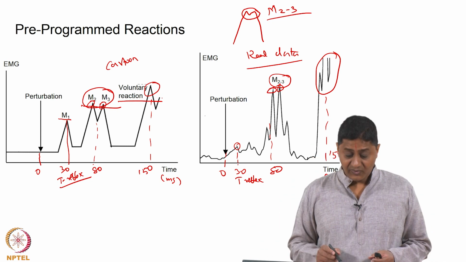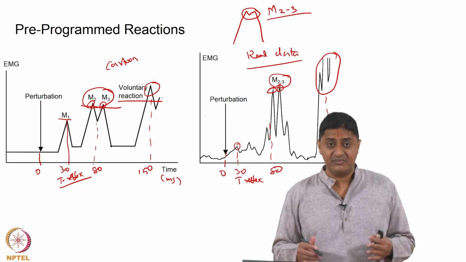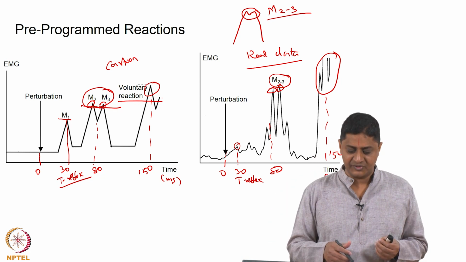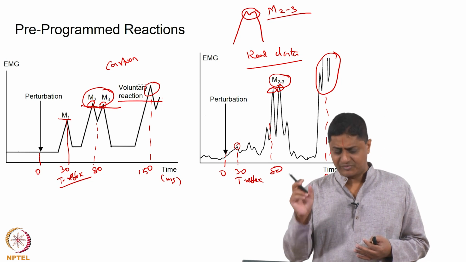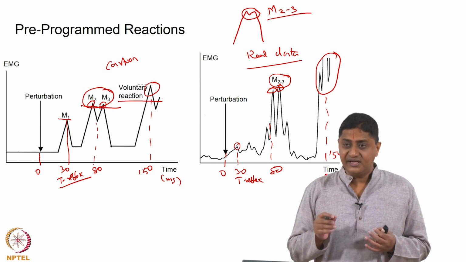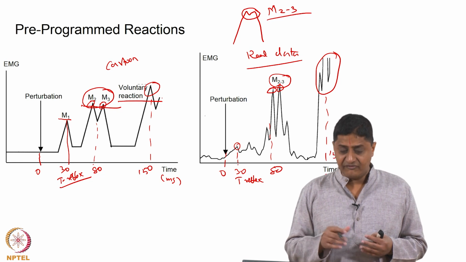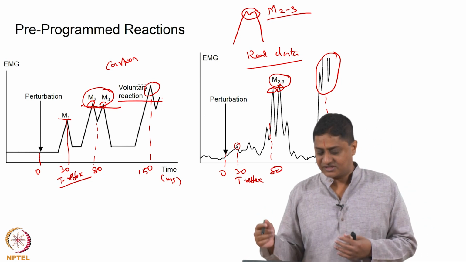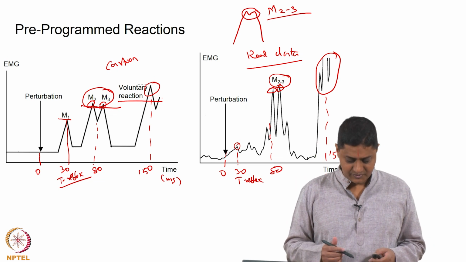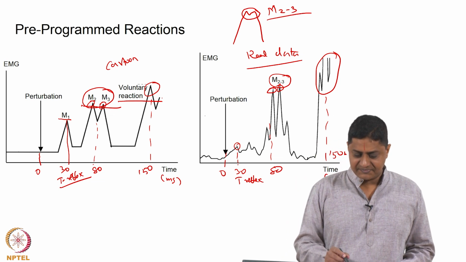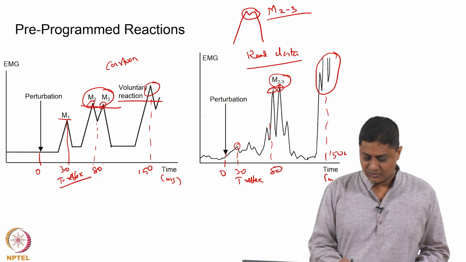In some cases voluntary reaction may not be required, because the reflex itself may be able to overcome the perturbation, depending on its amplitude. But if there is a requirement, then voluntary reaction will happen. Rarely, voluntary reactions may not be required. So this is the pre-programmed reaction that happens at around 80 milliseconds.